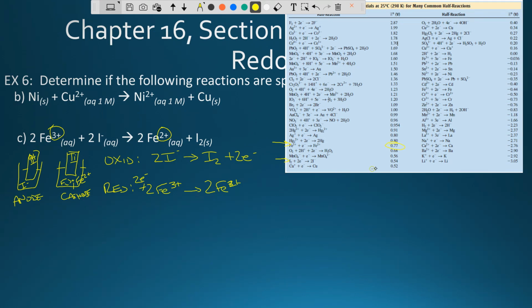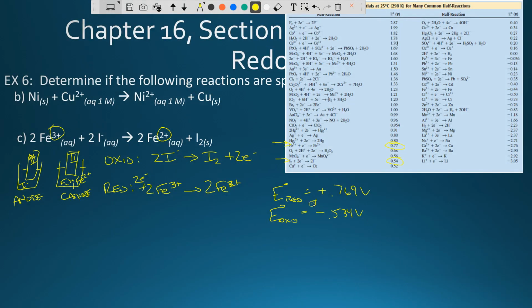I see that right here, and that is a 0.54. But what do you notice? I notice that this equation is flipped, which means that I've got to flip that number and make it negative. Okay, so my reduction end of things, that ended up being a plus 0.769 volts. And my oxidation, I have to put a negative 0.534 volts.